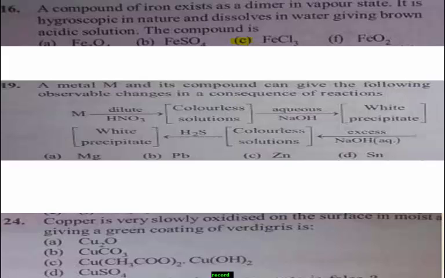Next, question number 19. Try this one. A metal M and its compound can give the following observable changes in a sequence of reactions. Observe the question clearly.